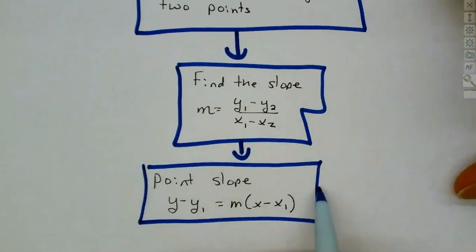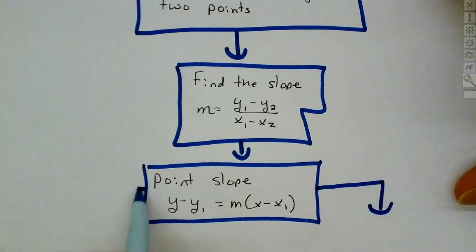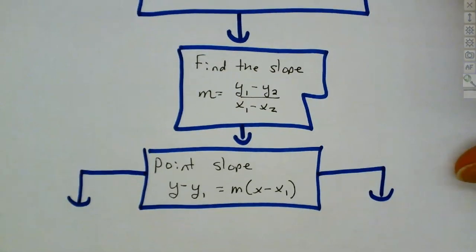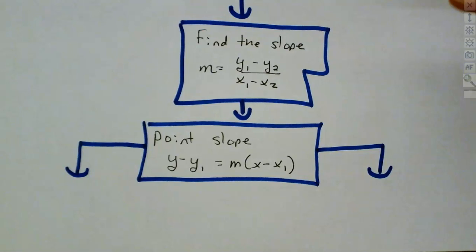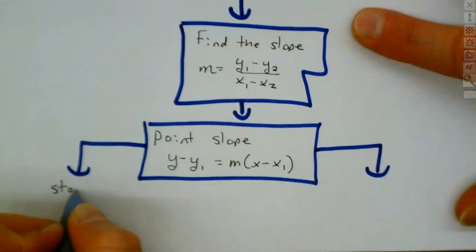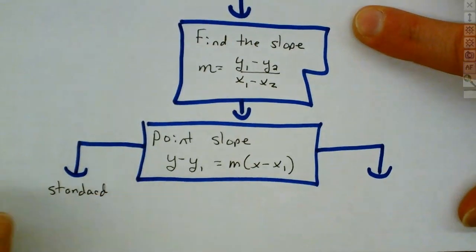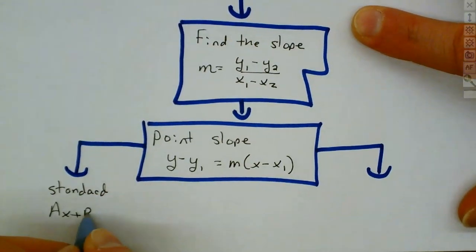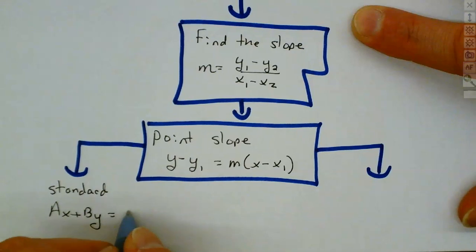And then you either express your answer in standard form or in slope-intercept form, just like the last question. So standard form looks like this: ax plus by equals c.